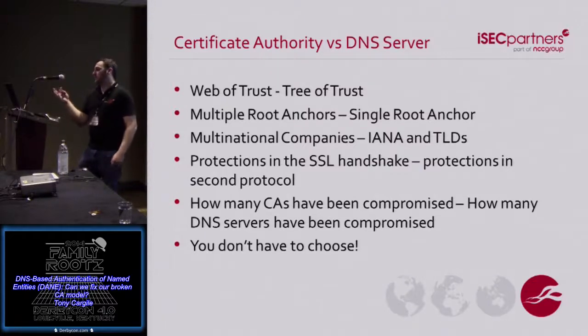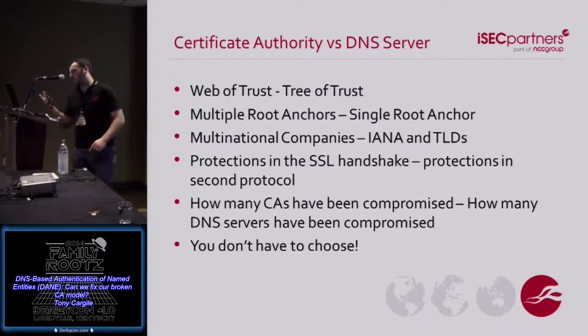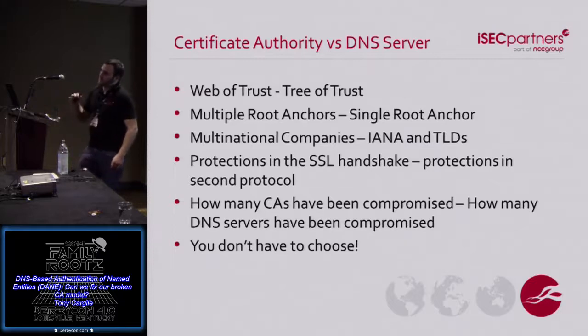Also, these root CAs are multinational companies. They're Symantec, they're GeoTrust. The people that are running these DNS root zones and the .coms and what have you are government agencies, or quasi-government agencies. That's kind of changing now, though, with the increase in generic TLDs.